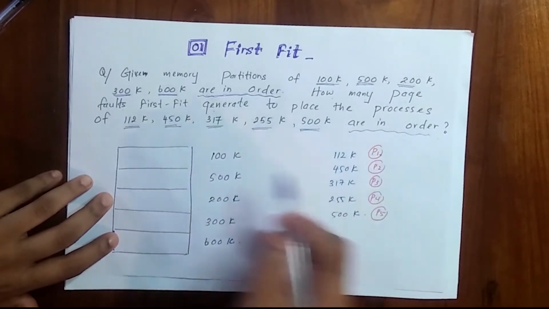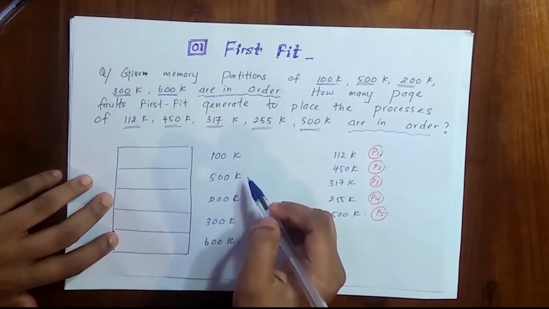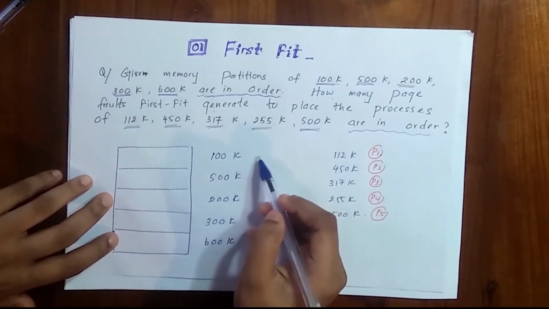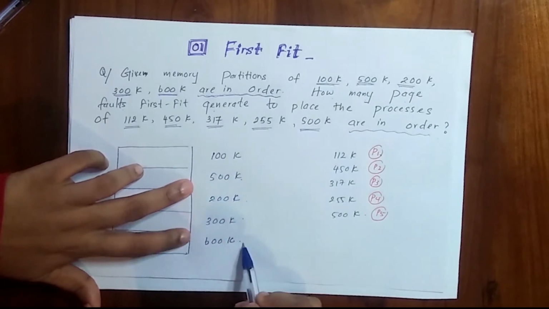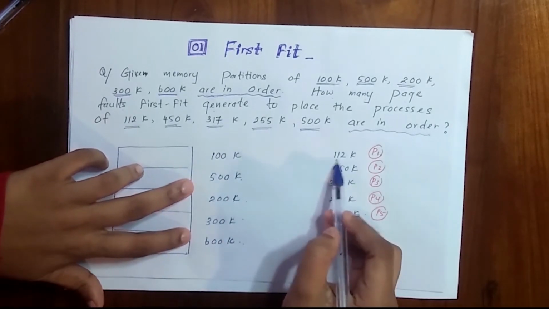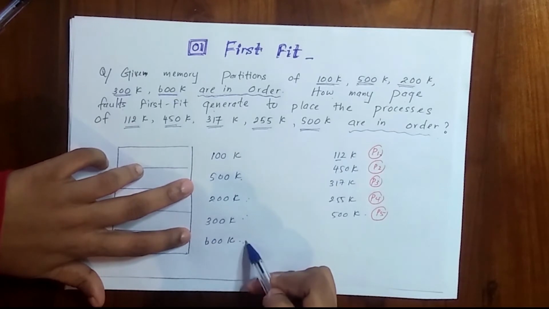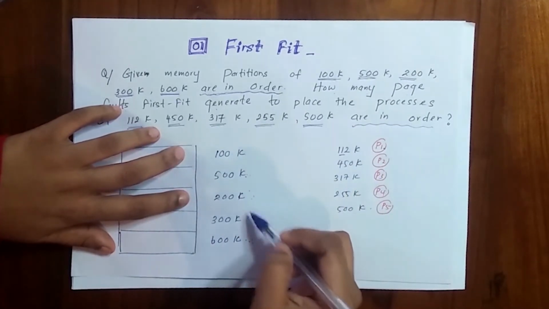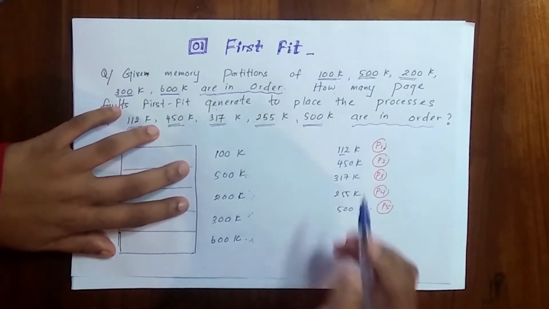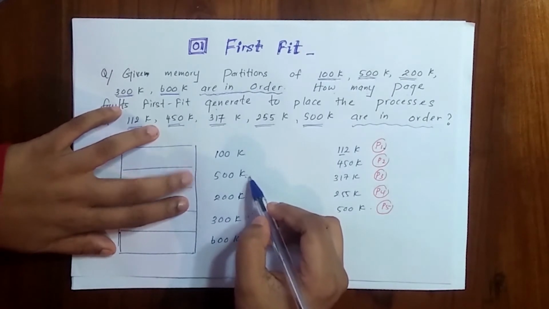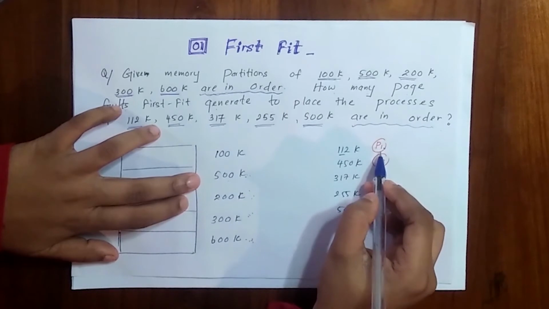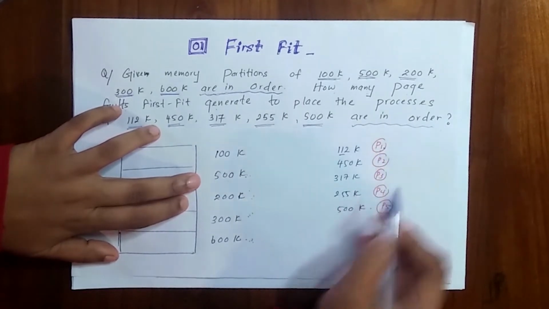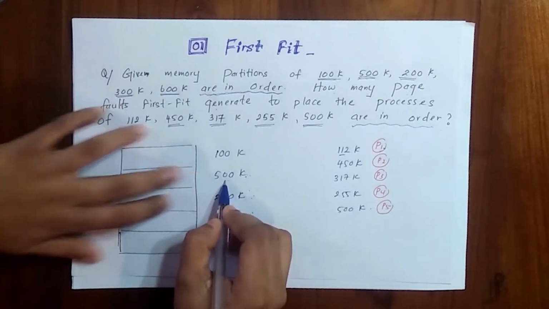If you take P1 here, you can see that you can place P1 in all these 4 partitions because this number is lesser than all these 4. From all these 4 partitions, the one we meet first is this 500K. So we are going to place this P1 in this partition.